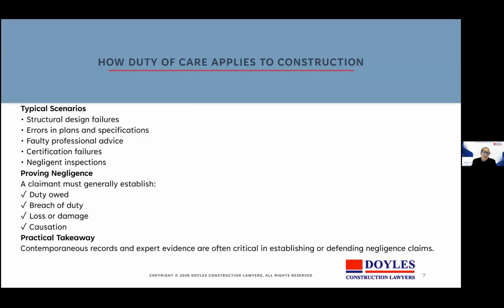Most negligence claims in construction involve allegations that a professional, contractor, or consultant failed to exercise reasonable care in carrying out their work. The existence of a defect alone is not sufficient. A claimant must establish the duty, breach, and causation of loss. So contemporaneous records often become critical evidence in the years after the project has been completed.